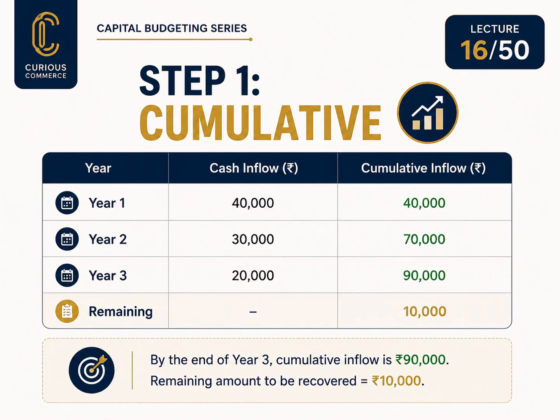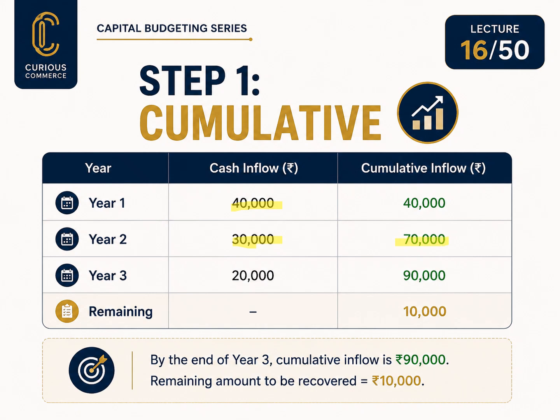Step 1 is cumulative calculations. We keep adding yearly inflow one by one. Year 1 is 40,000 rupees. Year 2 is 30,000 rupees. Add to 40,000 rupees, that is 70,000 rupees.